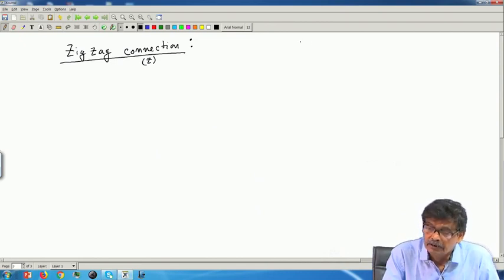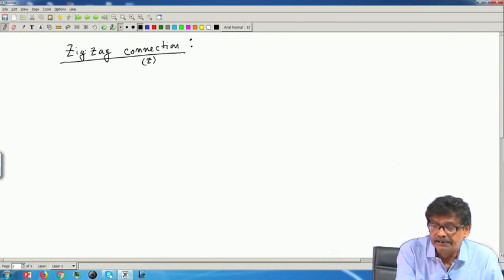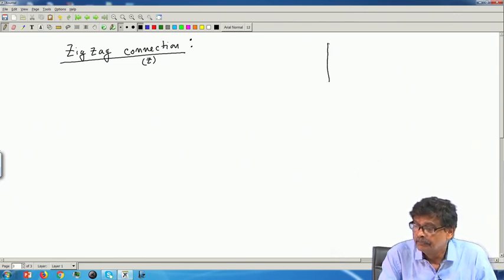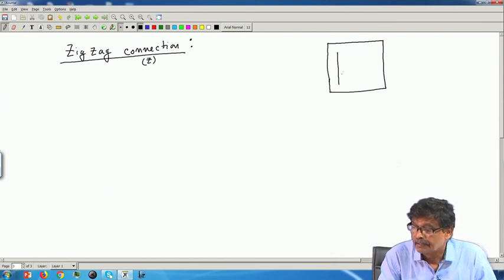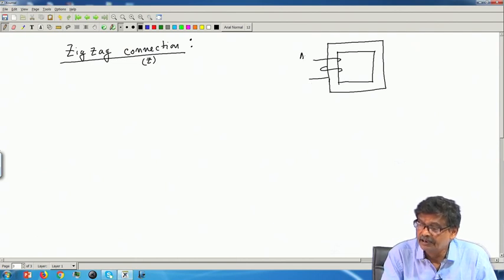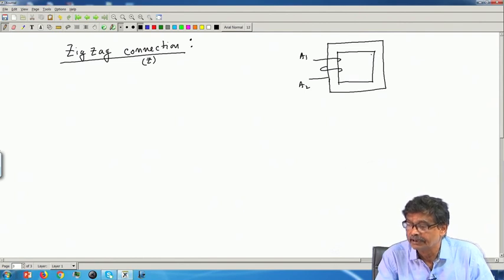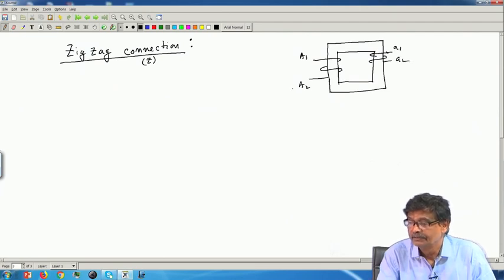For example, to connect a zigzag transformer, you must have, for a particular phase, say I am drawing here, suppose 3 single phase transformers I have taken. So far I was telling this is the primary winding and there was one secondary winding, A1 A2, is it not?